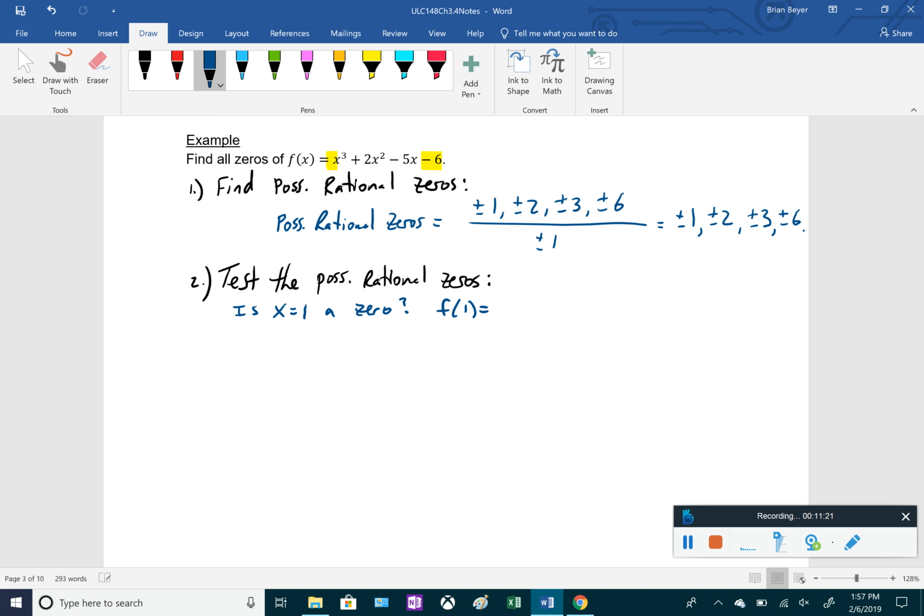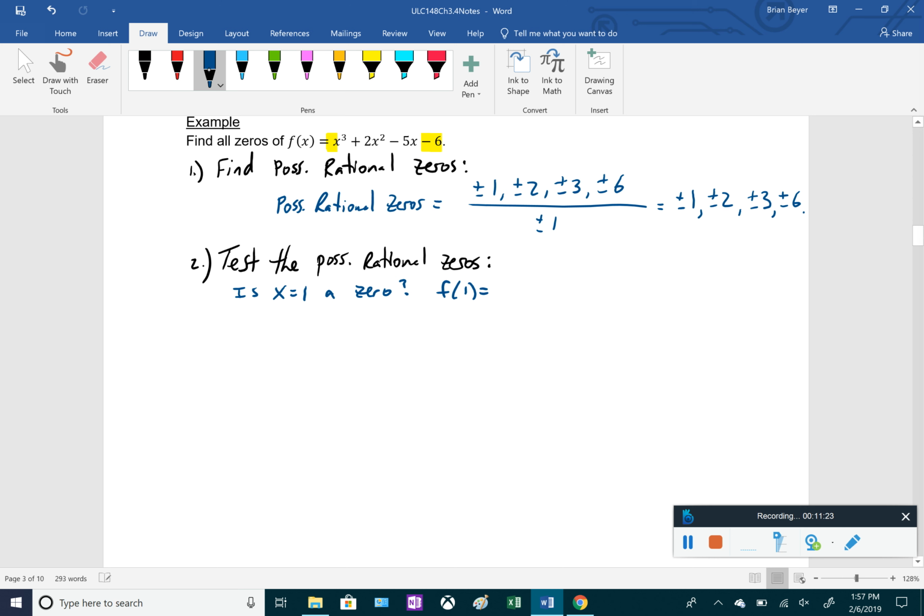You could also do synthetic division for it, but I feel like this might be a little bit quicker. So 1 cubed plus 2 times 1 squared minus 5 times 1 minus 6. This actually gives us -8. So that is a big nope, that is not a zero, so we have to keep on going.